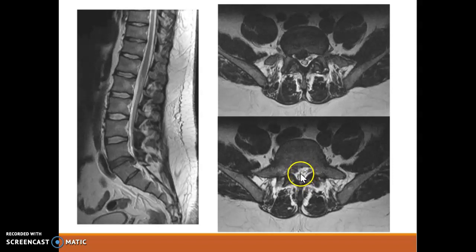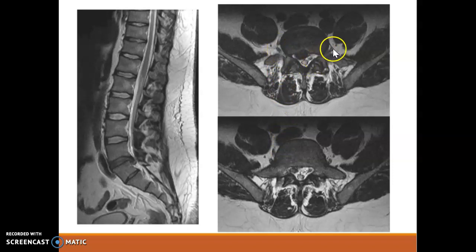When you're looking to either side, you're looking at the facet joints that sit either side of here, and then looking up into these aspects, the sequence is just changing slightly further up.